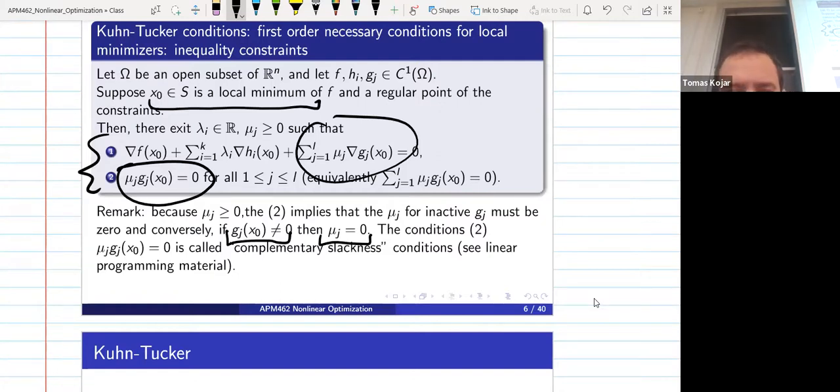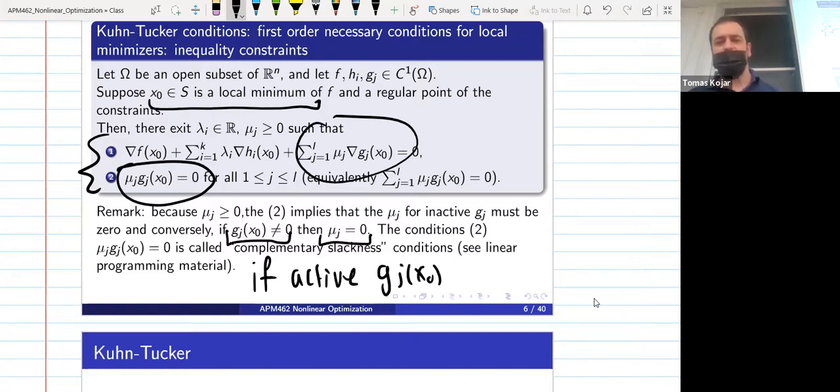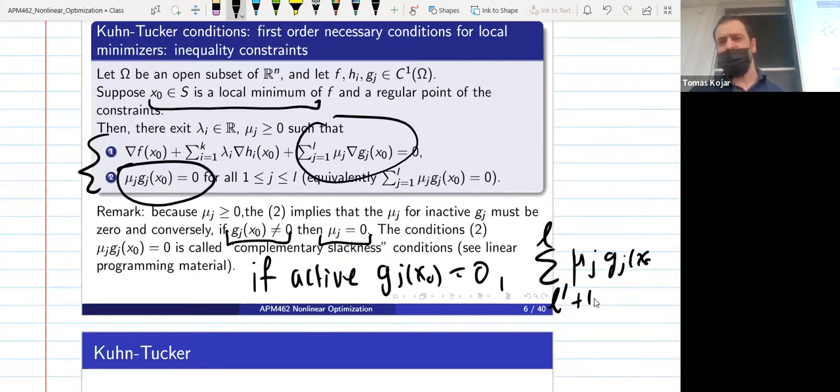Yes, this summation. If it's active, then G j of x naught is 0, which means that the sum from L prime plus 1 to L of mu j G j x naught equals 0.